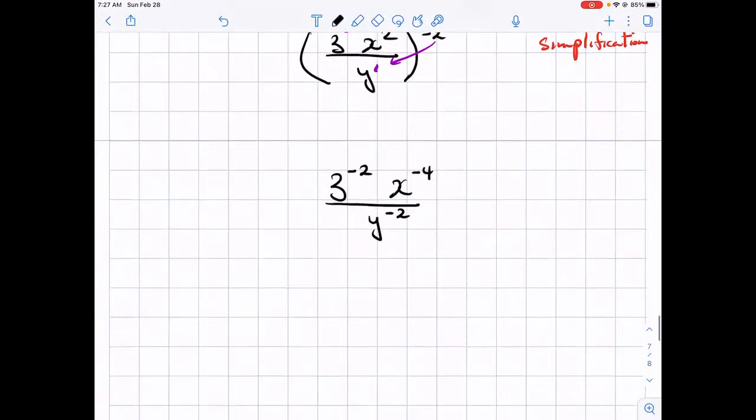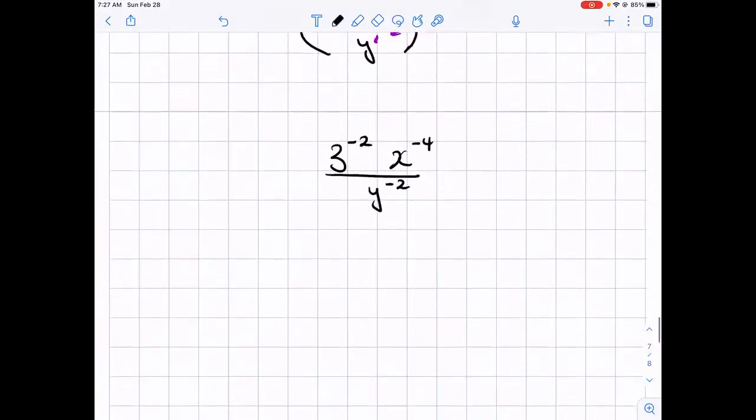Now, if we look at this, there is no positive power, they have a bunch of negative. So here's a little trick. Look at each term. If you look at this here, the power is negative, and it's in the numerator.